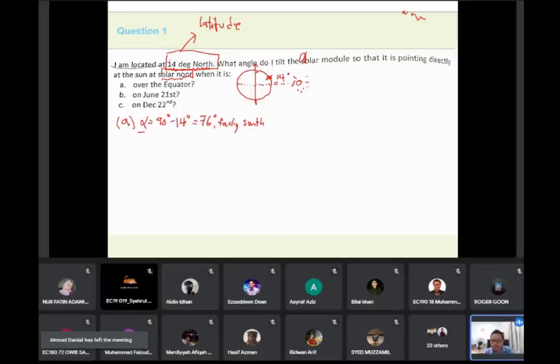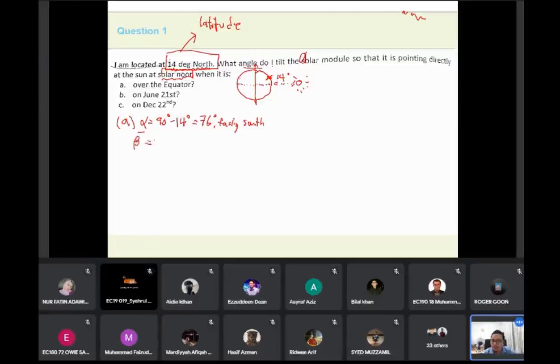Okay, facing 76 degree, facing to the south. Because we are in the north, the first place we are facing to the south. And then what's next is to find the tilt angle. T angle is beta.